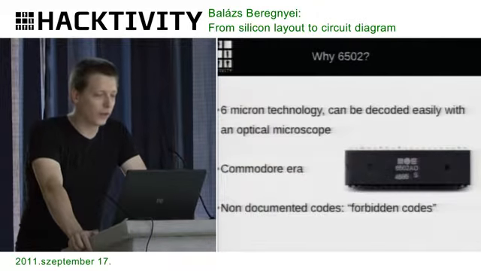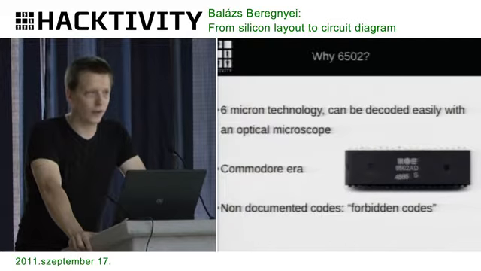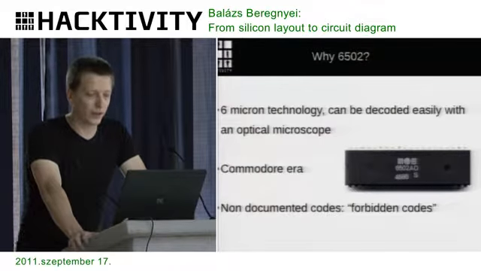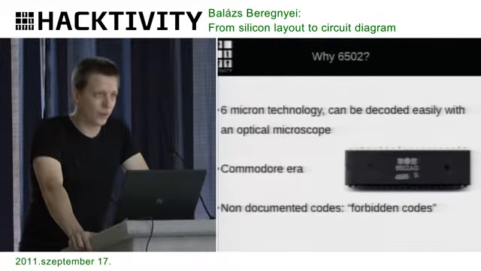This processor is typically known from the Commodore era. There is a generation in Hungary as well whose first experience came from the use of the Commodore 64, and I was always interested in code protection mechanisms and tricks.